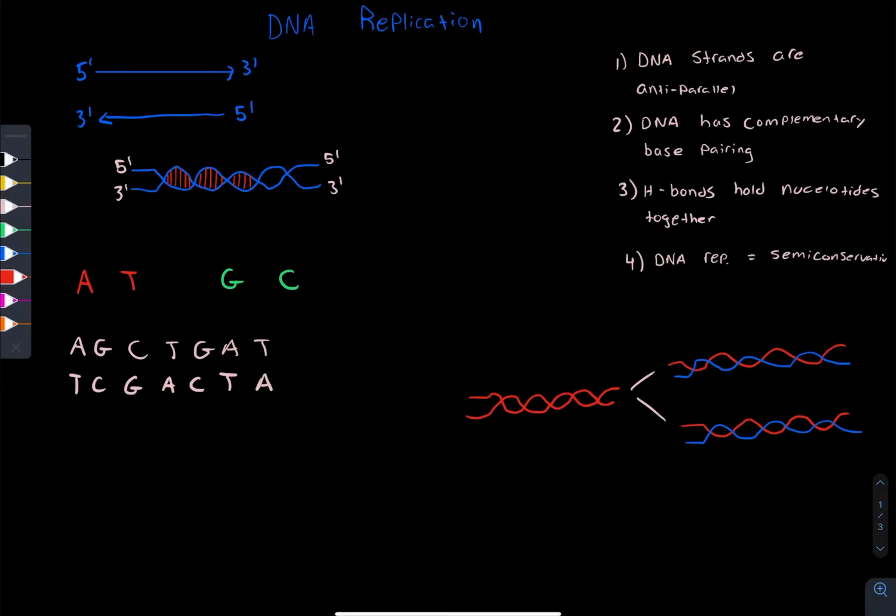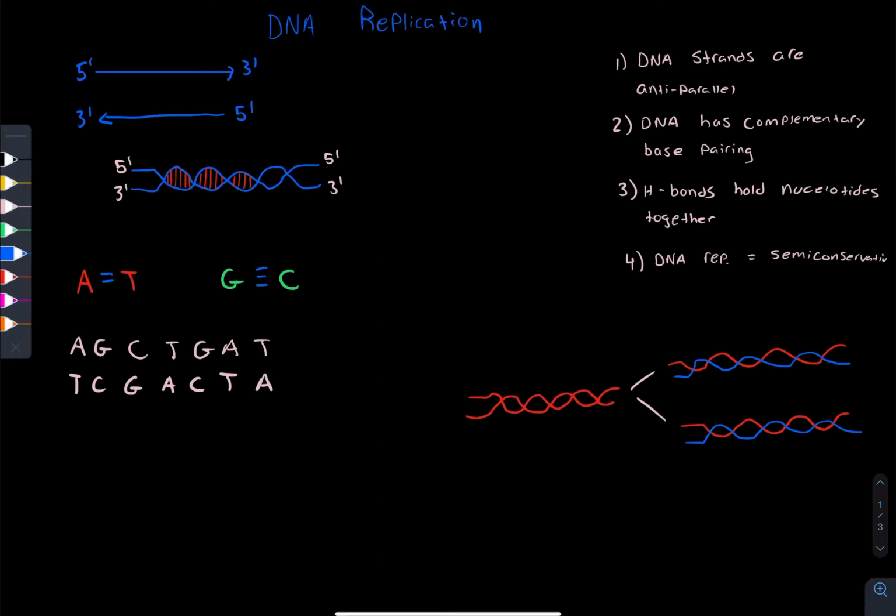And these hydrogen bonds ultimately decide how strong a DNA strand will be, because adenine and thymine only have 2 hydrogen bonds between them, whereas guanine and cytosine have 3 hydrogen bonds.